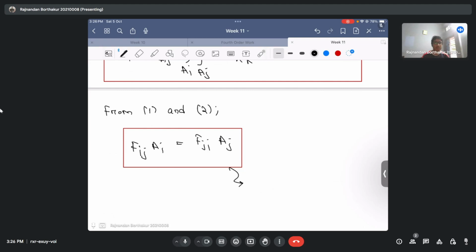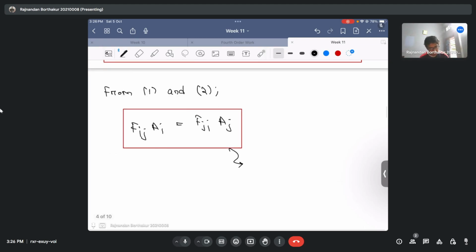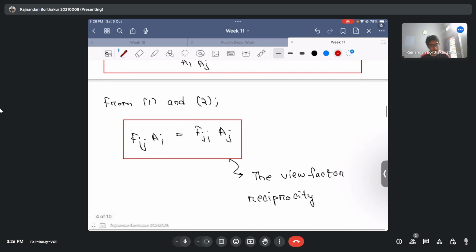This product Fij times Ai is always equal to Fji times Aj, and this is known as the view factor reciprocity relation. It's a good recap, because this is a very powerful relation that you will appreciate.